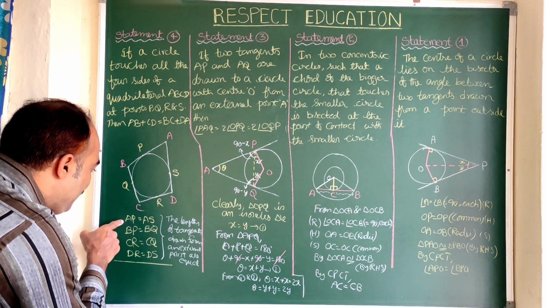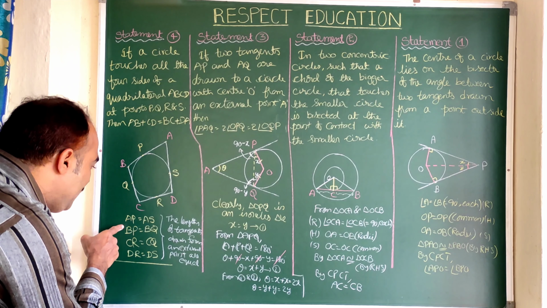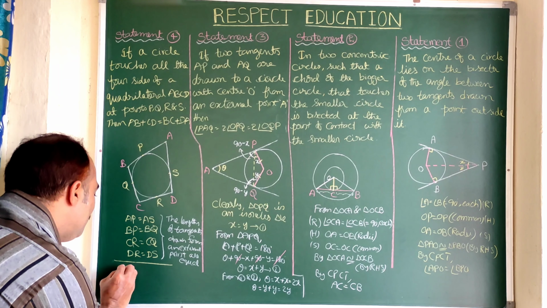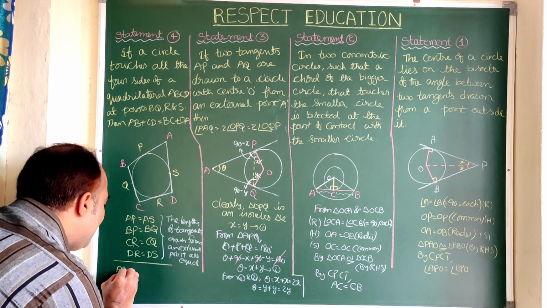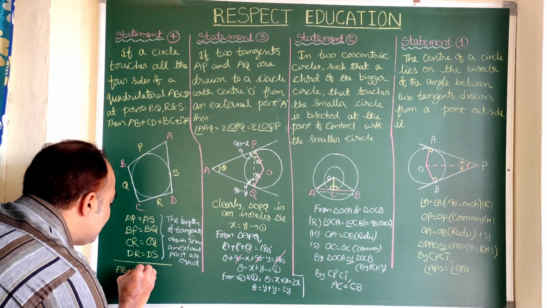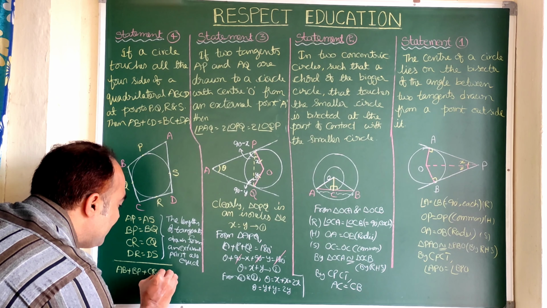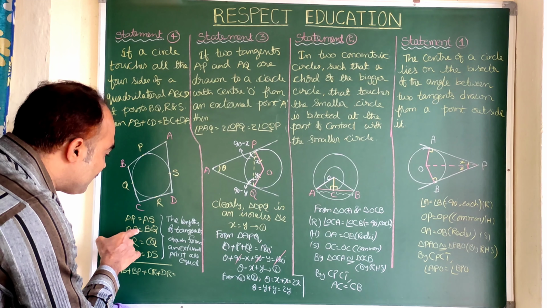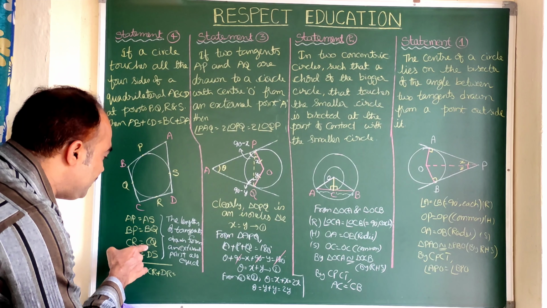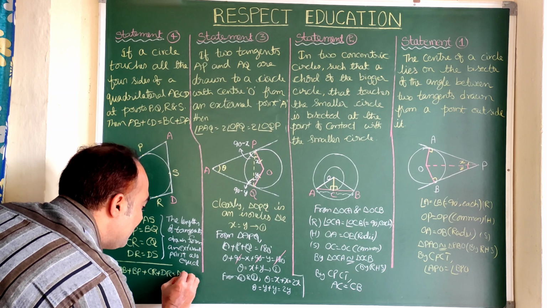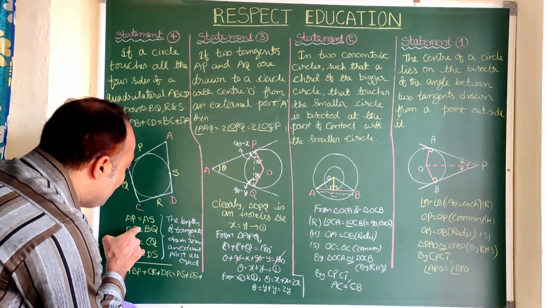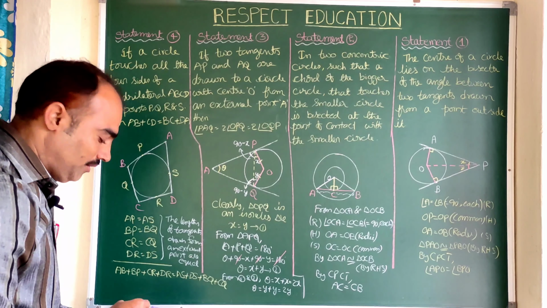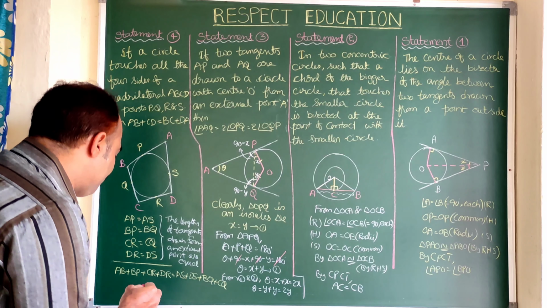Let us write AP plus BP plus CR plus DR. If I add these, I get AB plus BP plus CR plus DR is equal to, let us add the right side also, AS plus DS plus BQ plus CQ.